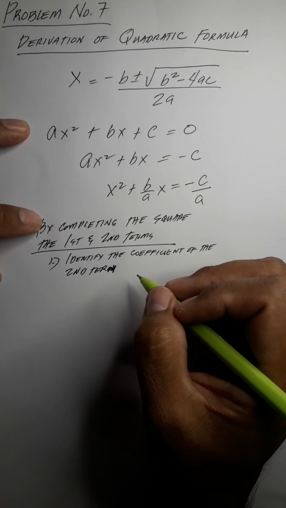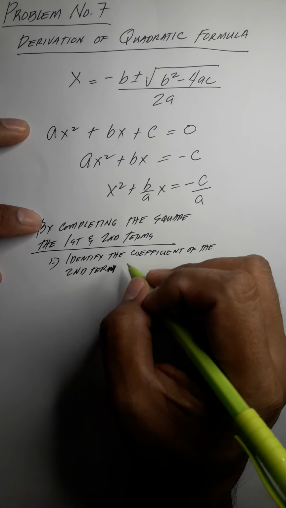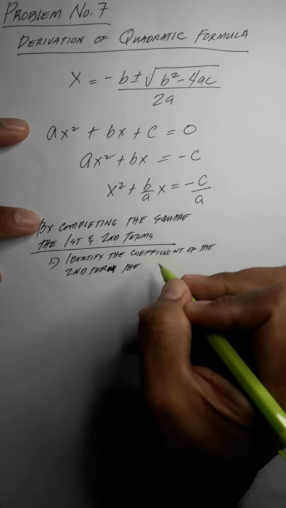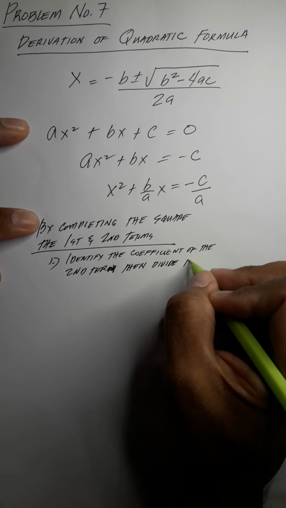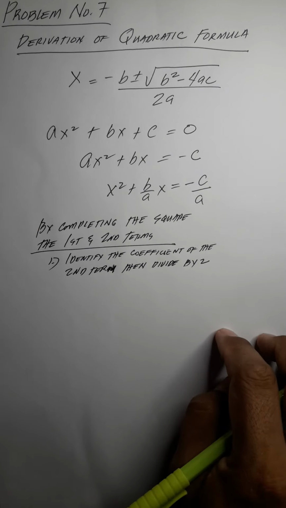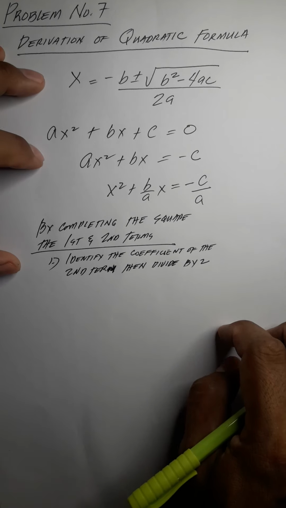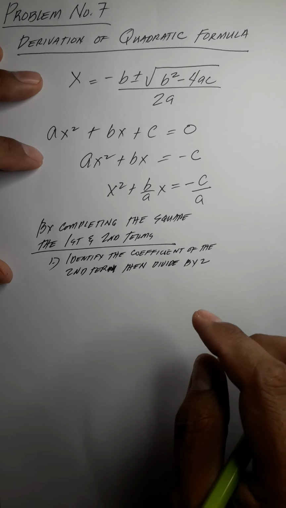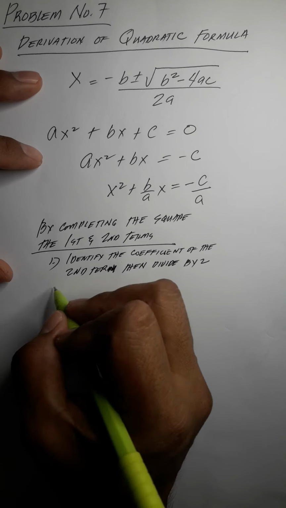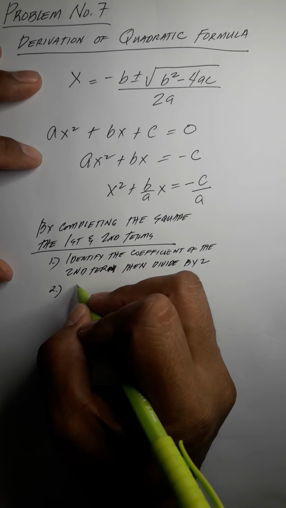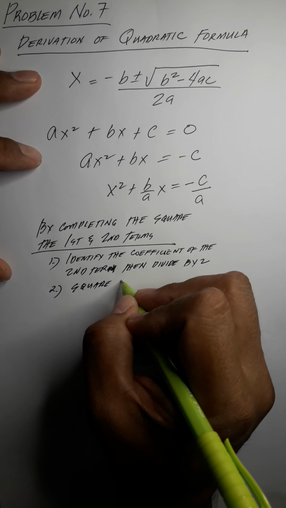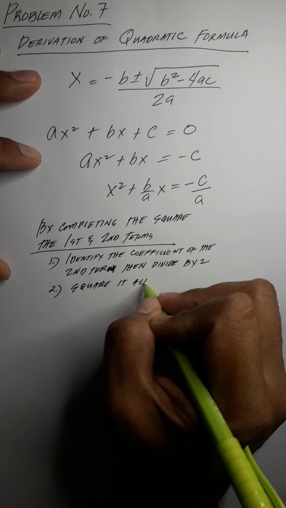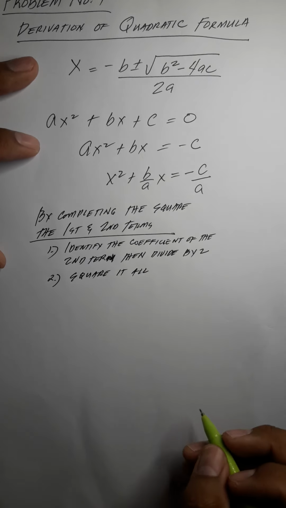Then we divide it by 2. The next step we have to do is square it all.